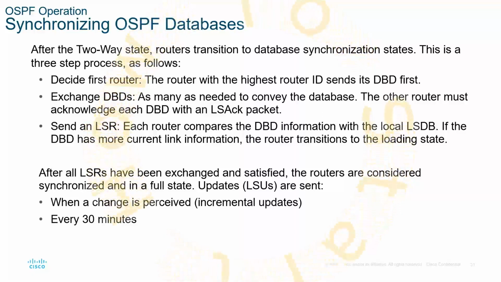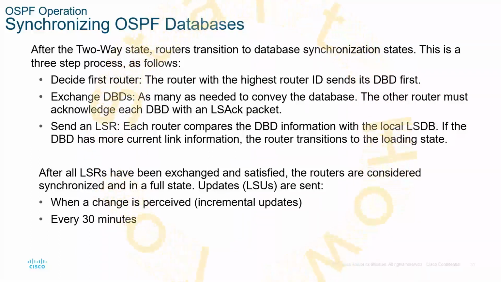All slave routers will then send an LSR to each other, collecting the DBD information and storing it locally. As information is found to be missing, they will send LSUs as an update response. And again, an acknowledgement is sent once all the information is brought together.